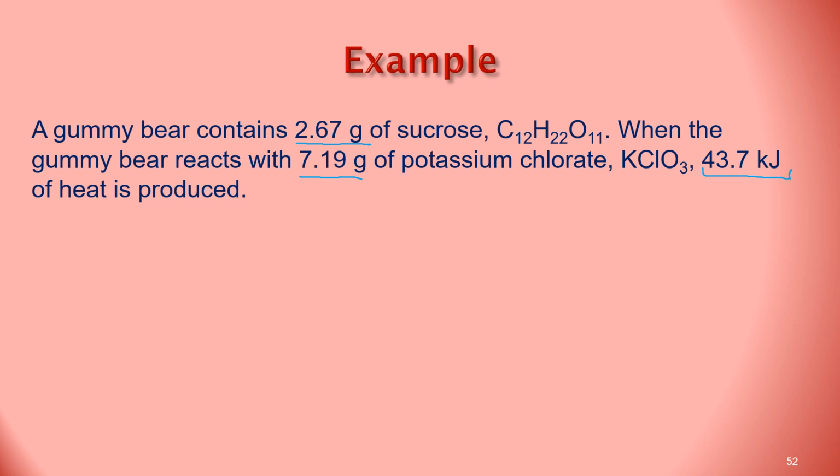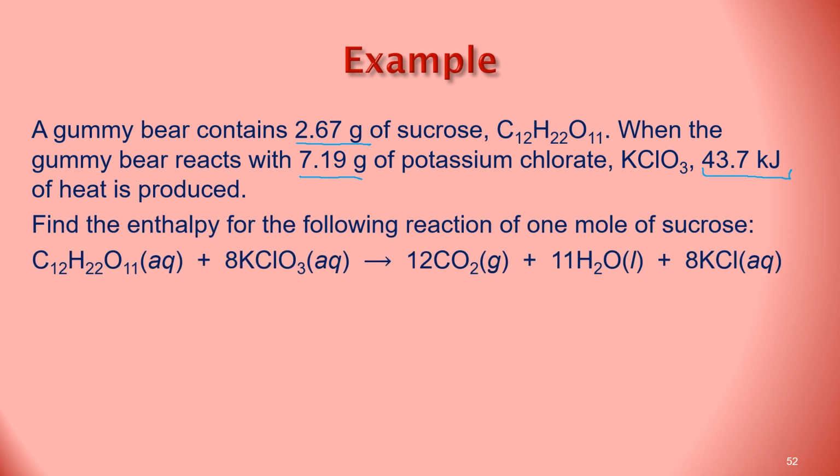So here's the reaction: C12H22O11 plus, we had to balance it, 8 KClO3 gives us 12 CO2 plus 11 H2O and 8 KCl. Okay, that's the reaction of the burning gummy bear.